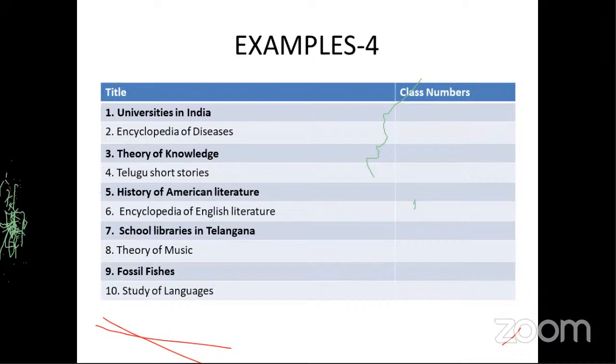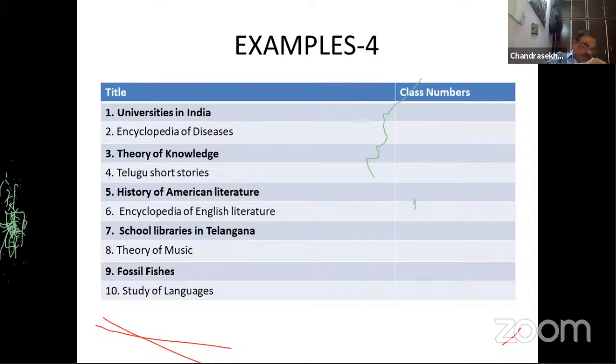I'm looking whether there is any instruction. It's not there. So directly you can add 03 for encyclopedia.